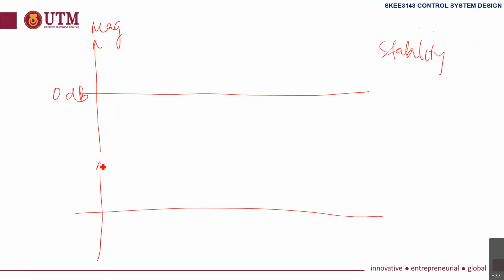And in phase, usually minus 180 degrees is also important. So in magnitude, 0 dB; in phase, minus 180 degrees.